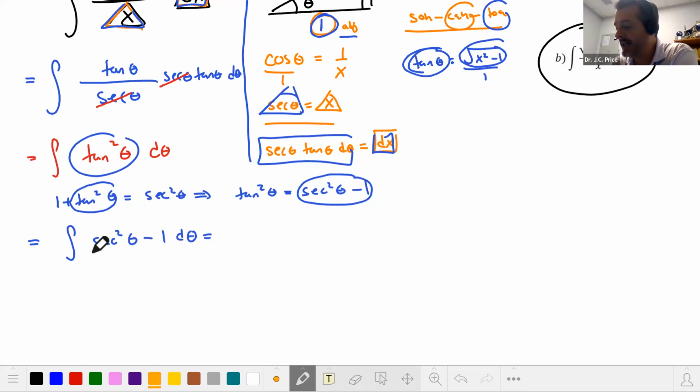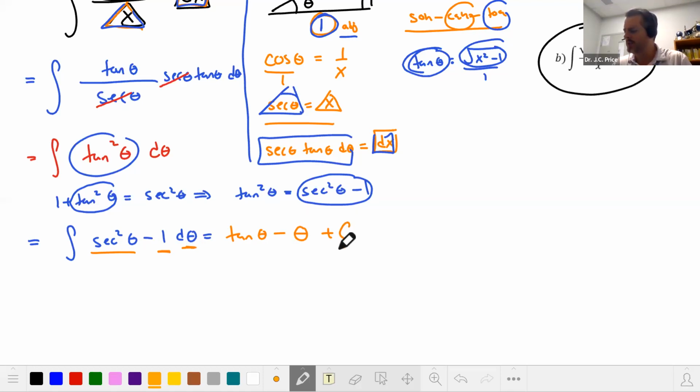These are my types. Secant squared theta I can integrate. So remember, that's just tan of theta. So this is going to be tan of theta, and then minus. And then I can integrate 1, but now when I integrate 1, I'm integrating with respect to theta. So it's not x, it's theta. And then I have plus C.